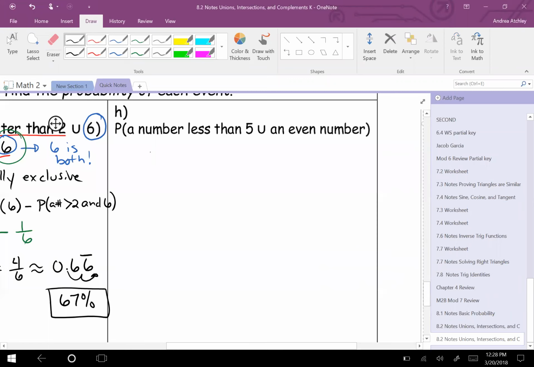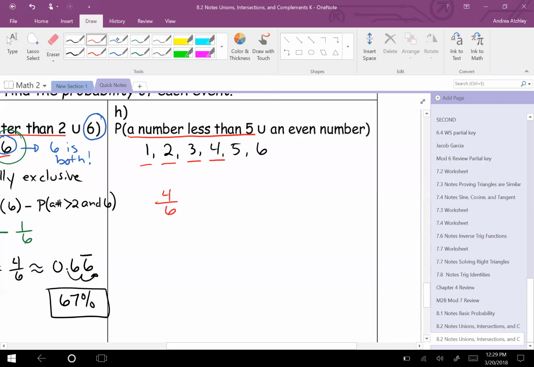Okay, so again, we should be listing 1, 2, 3, 4, 5, and 6. So I'm going to underline the numbers that are less than 5. That'd be 4, 3, 2, and 1. So there are 1, 2, 3, 4 numbers that are less than 5.